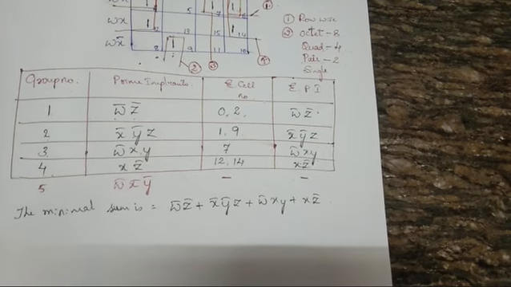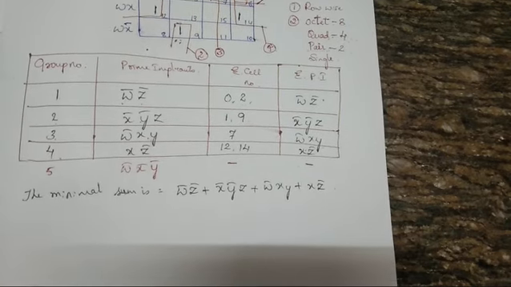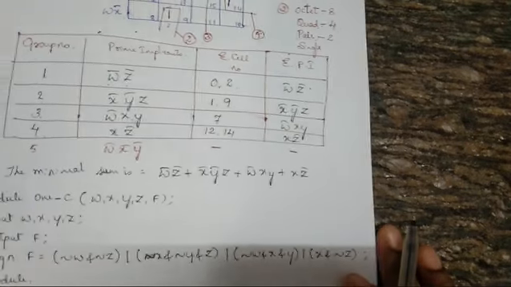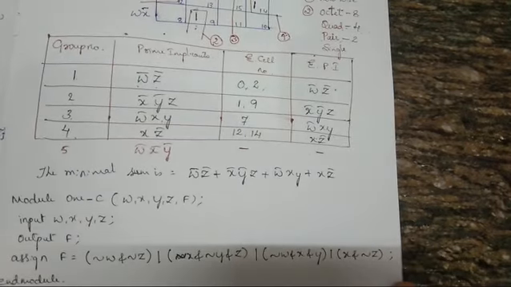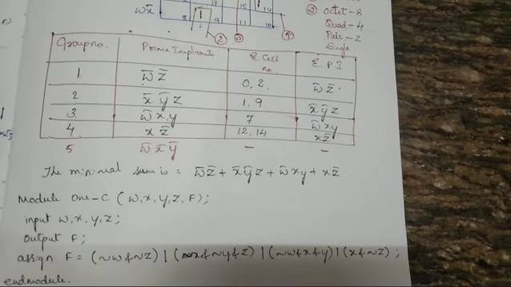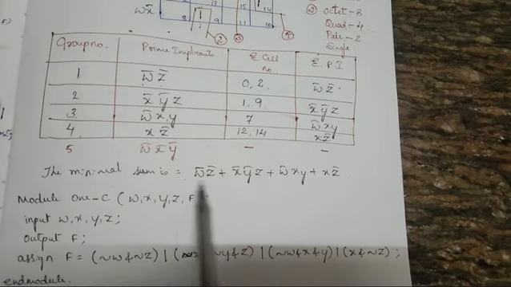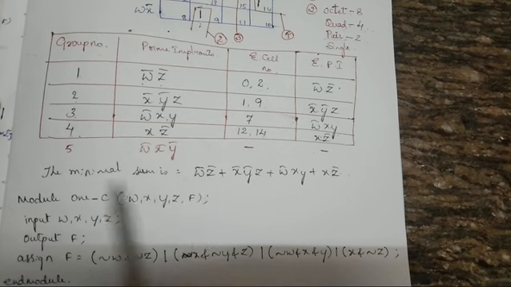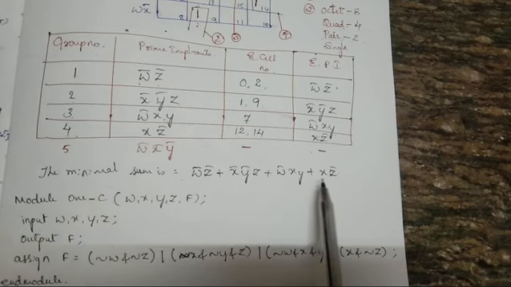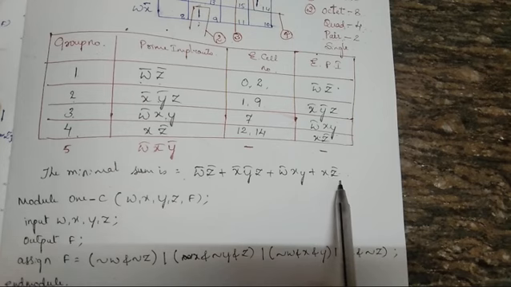And let us discuss how to write a Verilog program for the same. This is the Verilog program for the minimal sum we have got, that is w bar z bar plus x bar y bar z plus w bar x y plus x z bar.